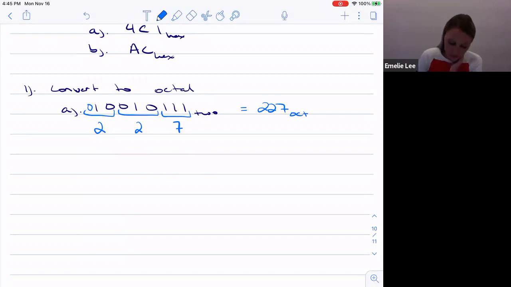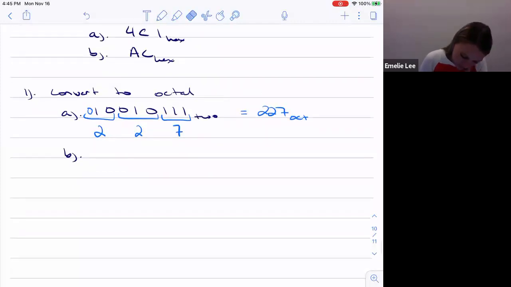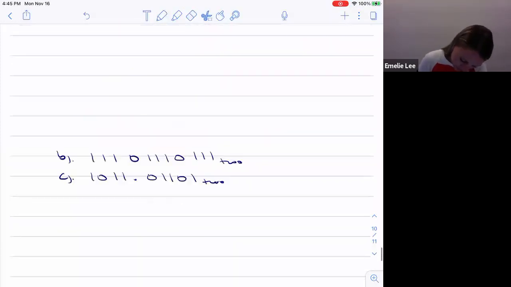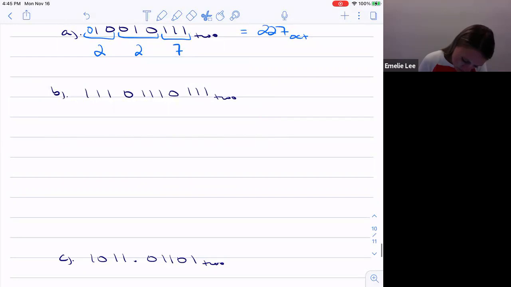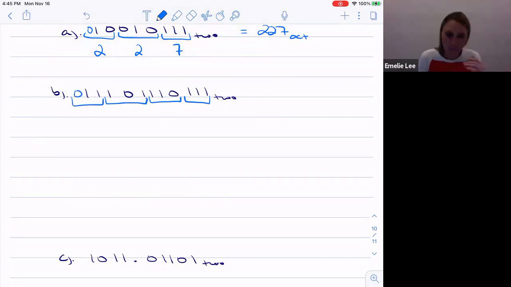Okay. B. Again, I don't see a decimal here, so I'm going to move from the very right in groups of 3. I've got 1, 1, 1. I find it easier to move from the left to the right, but then you have to count out 3 before you do, but that's okay.